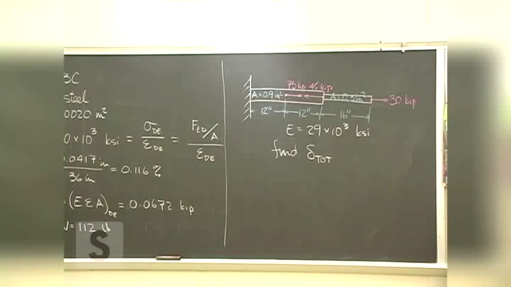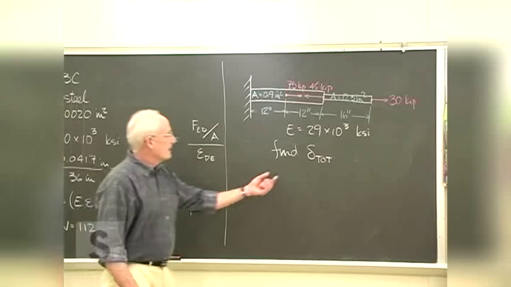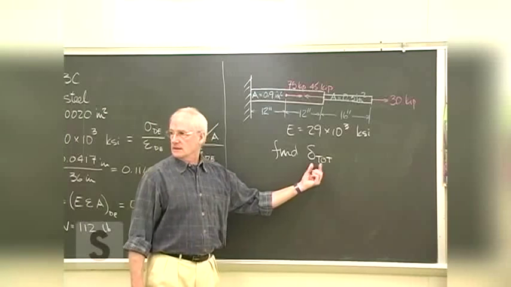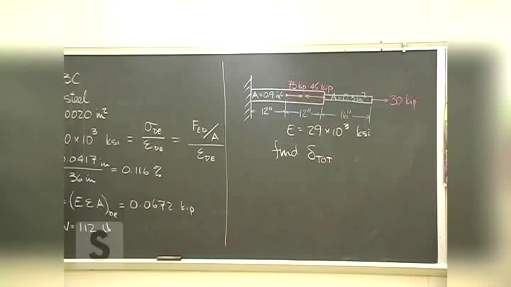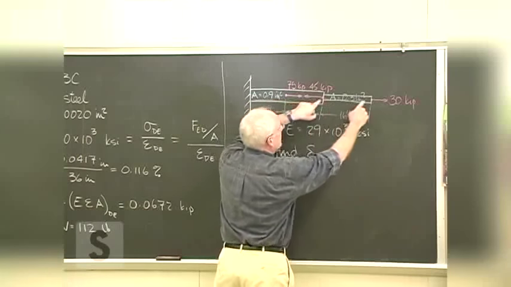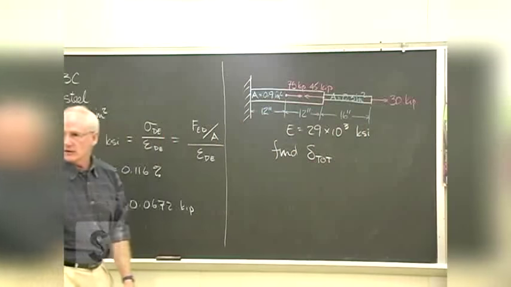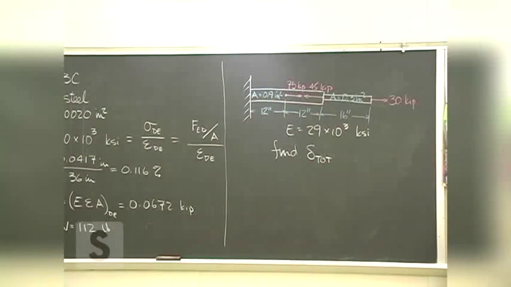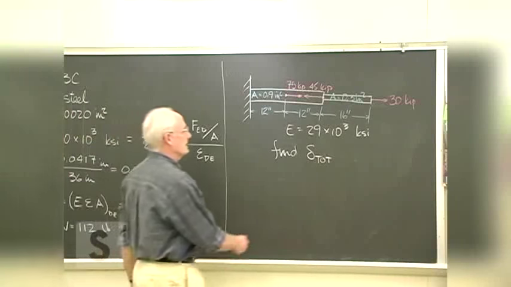All right, everybody got the general picture? What do we need to find that? What you need to realize is that each of the three sections will deform by a certain amount, because each of the three sections is under a different load and has a different cross-sectional area.